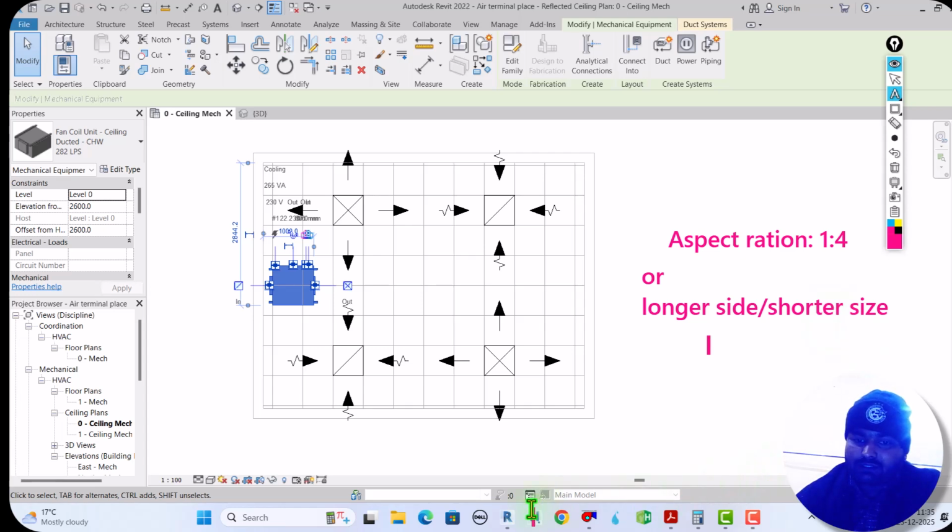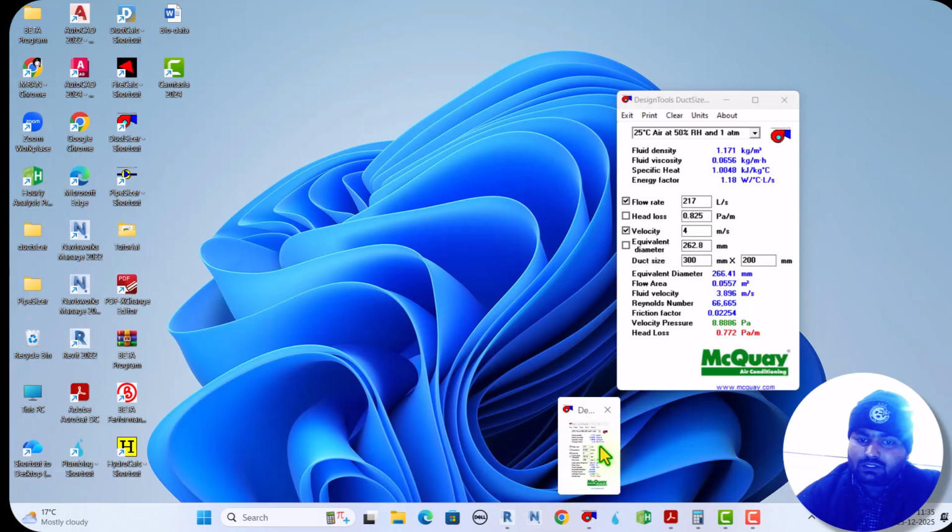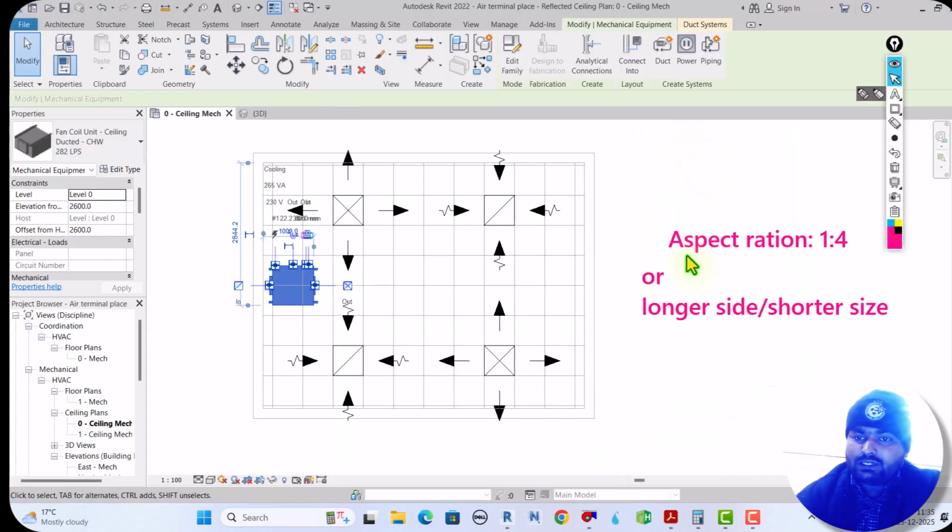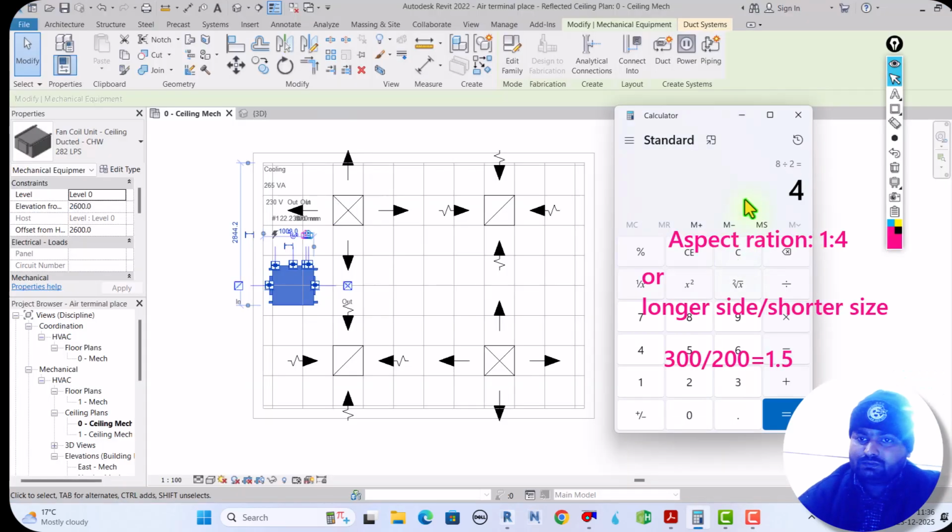So here the duct is coming 300 by 200, right? 300 by 200. What is the aspect ratio? (300 divide 200) 1.5. Check.